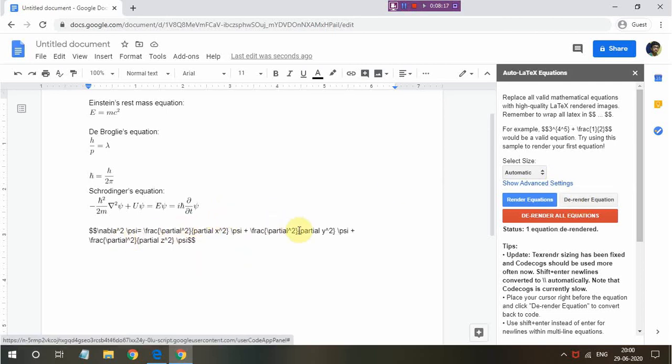So before each partial there will be a backslash. I think I have messed up in that part again.